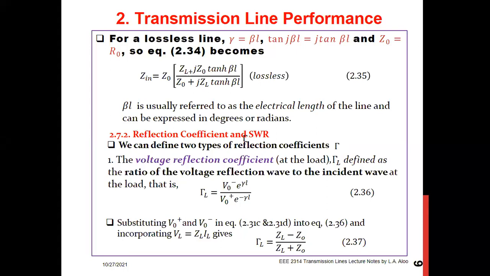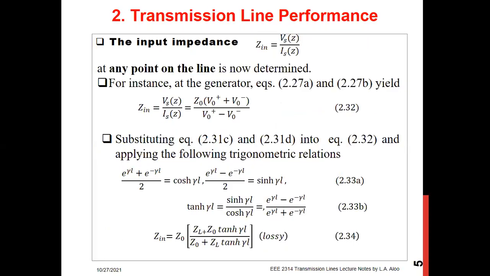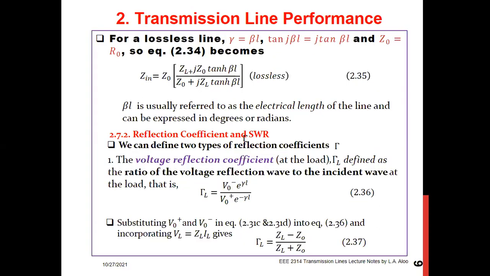Remember, when the line is lossless, it means that R is equal to 0 and G is also equal to 0. In cases whereby the line is lossy, we will have R not equal to 0 and G not equal to 0. We had already gone through this the last time we met on a face-to-face basis.